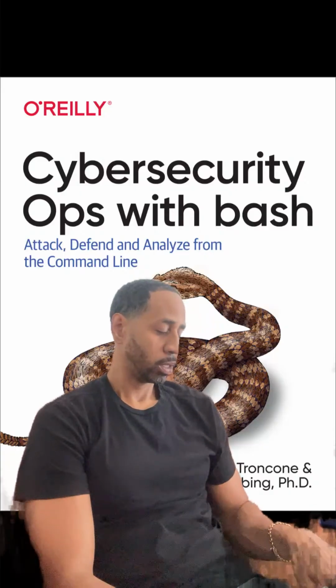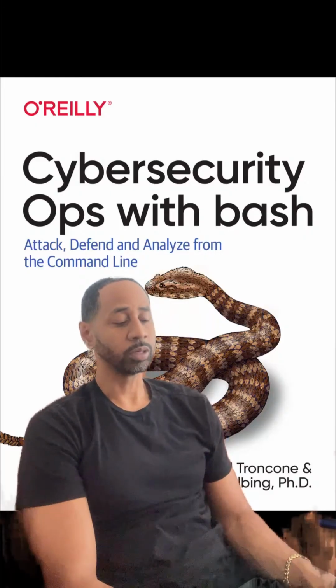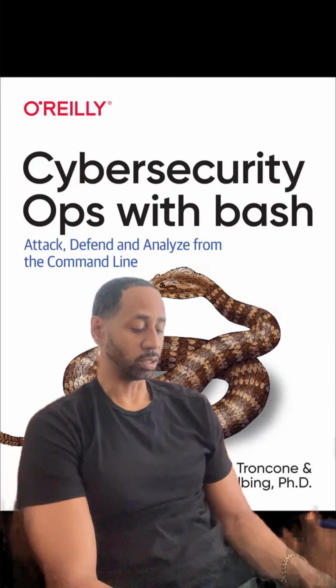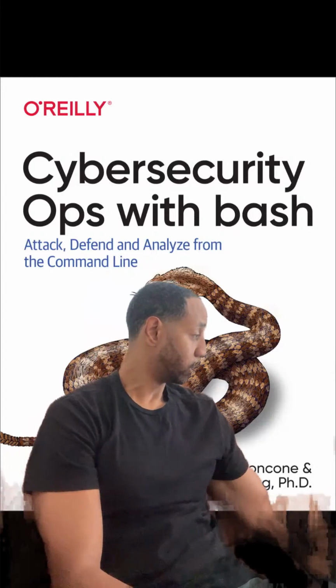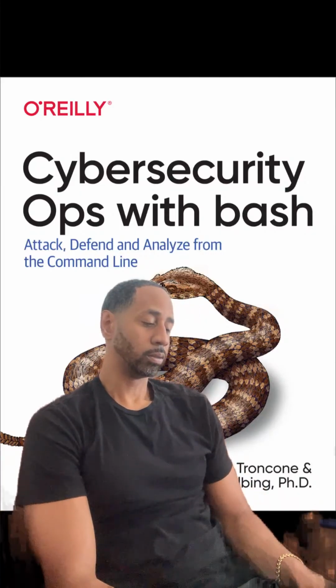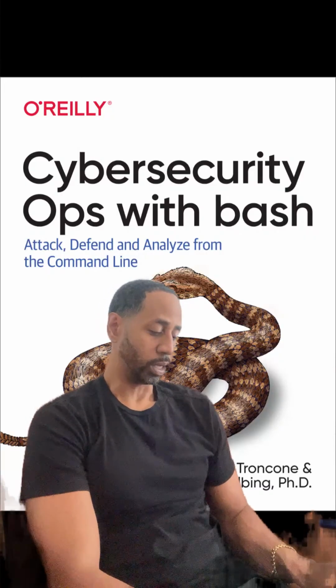Ping. So if you want to background it, you got to do ping, and then you got to redirect that output. That's what I don't understand, but we finna find out right now. Test, ping.txt, and then put an ampersand.